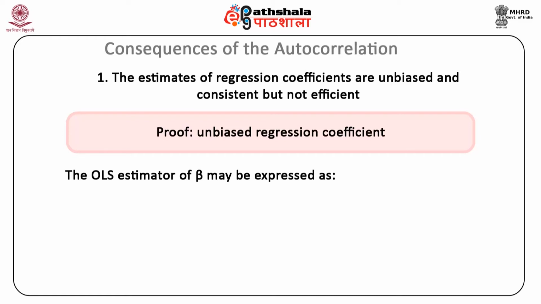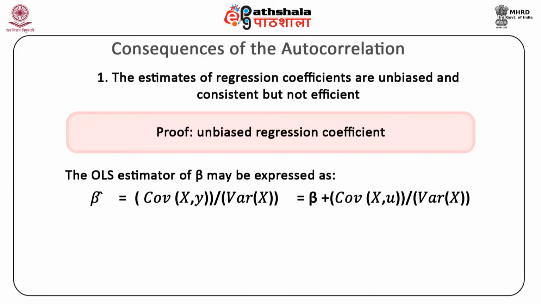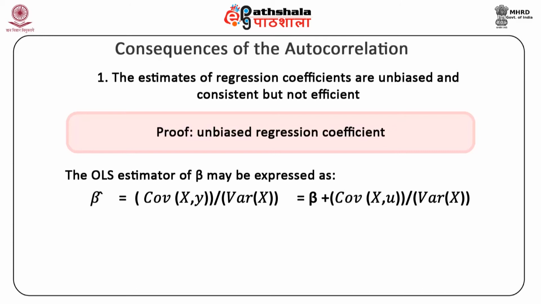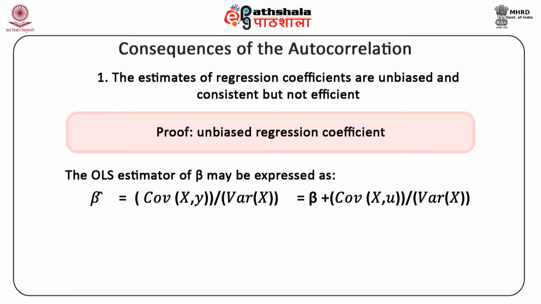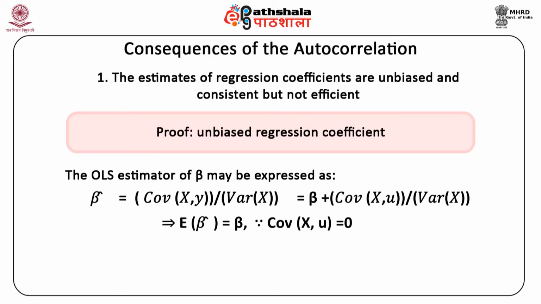The OLS estimator of beta may be expressed as beta hat equal to covariance xy upon variance of x. Now this is equal to beta plus covariance xu upon variance of x. This implies that the expected value of beta hat is equal to beta because covariance between x and u is equal to 0.